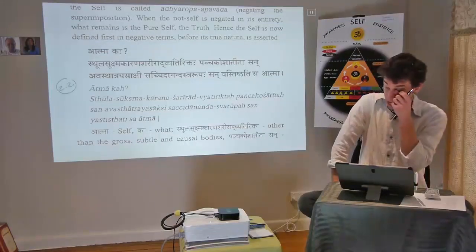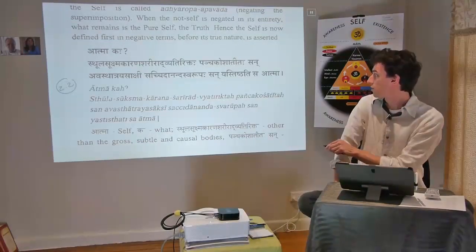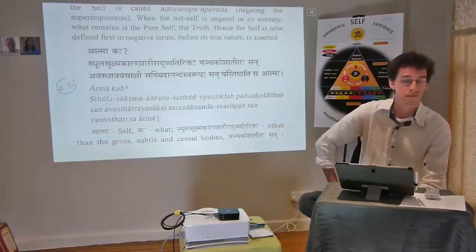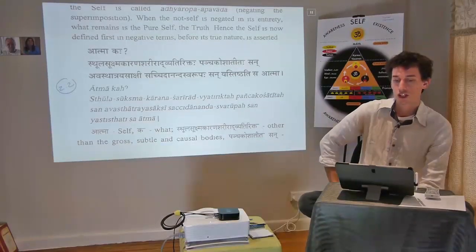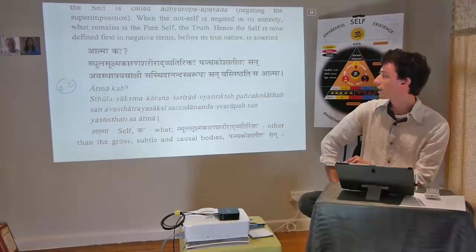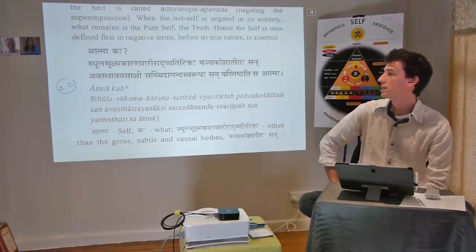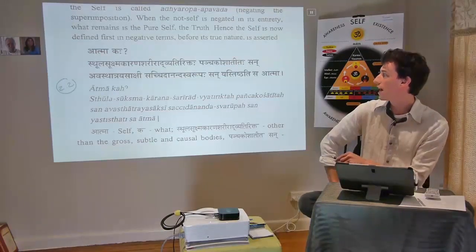And Vyatiriktaha means different. So Atmakaha, Sthula Sukshma Karana Sharira Vyatiriktaha: Atma is other than the three bodies.